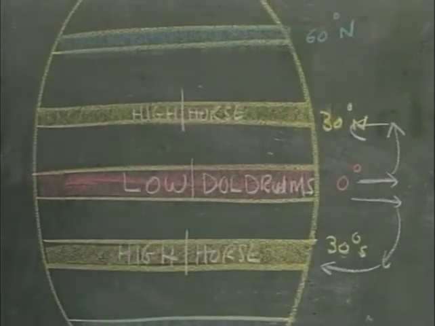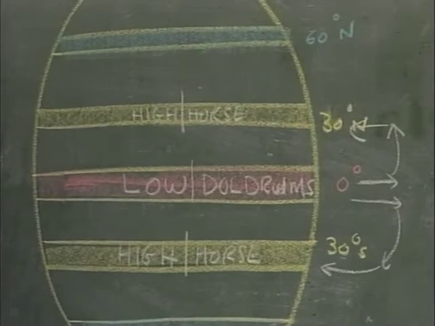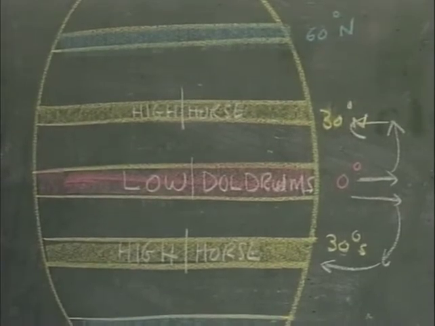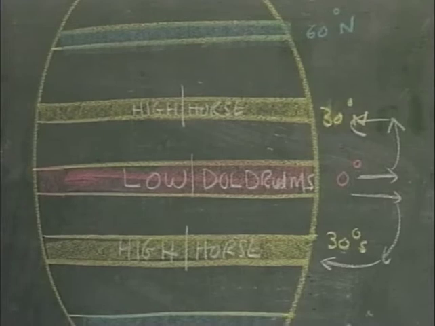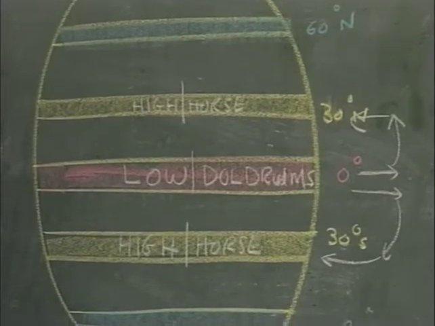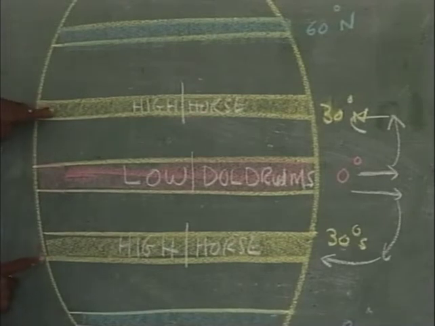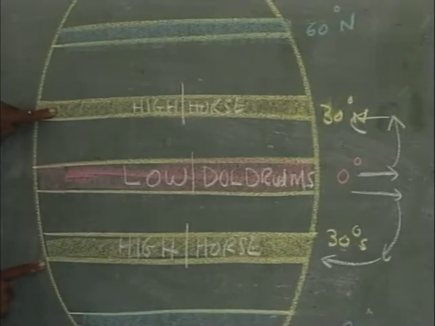So when they talk about the Horse latitude, they're making reference to the high pressure belt area which is found around 30 degrees north and south of the equator. That's the second major pressure belt area.